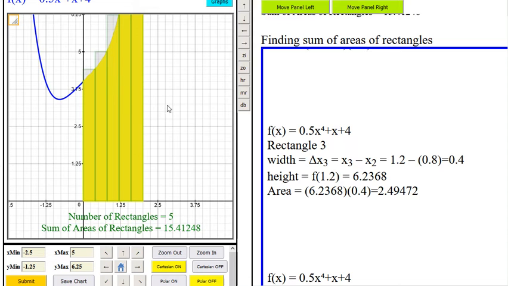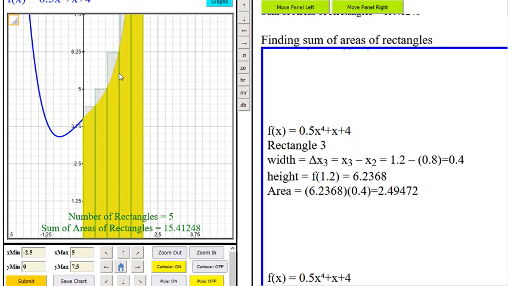And therefore the height of the third rectangle, this point right here, is 1.2 for the x and 6.2368 for the y. And the area is 2.49472.